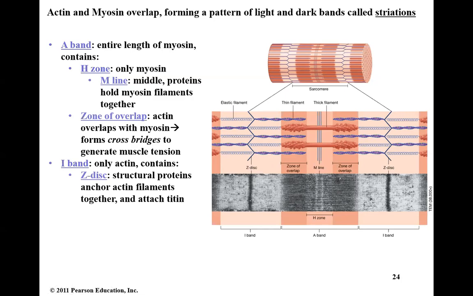And of course, within the I band is the Z disc. So Z disc here and Z disc here, both within their respective I bands. And of course, from Z disc to Z disc is the sarcomere. If you remember any of these things, sarcomere and zone of overlap are by far the most important. Okay? We are shortening sarcomeres.